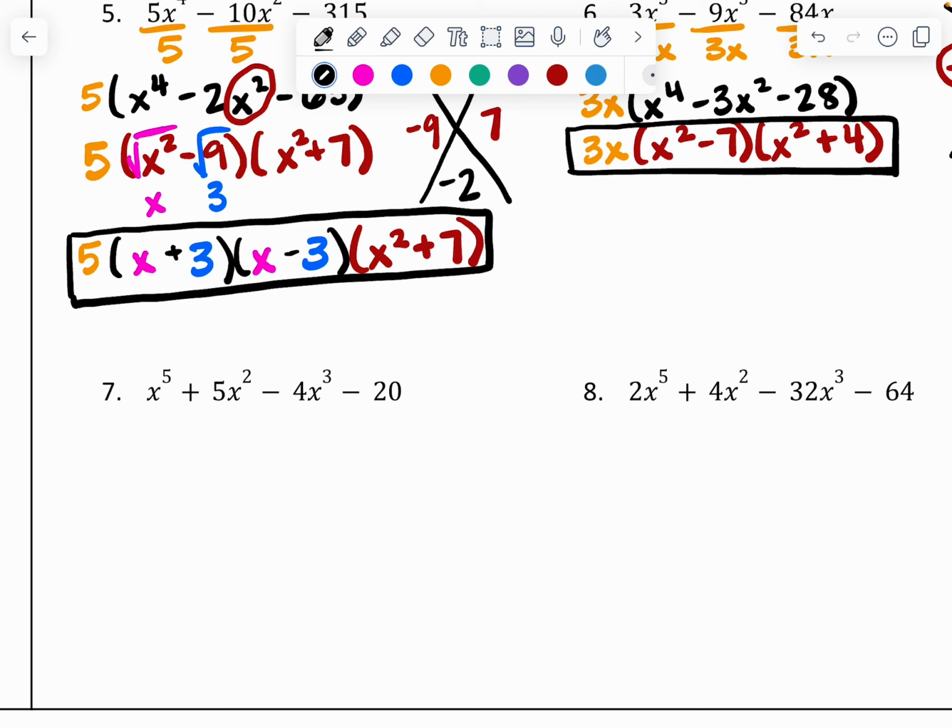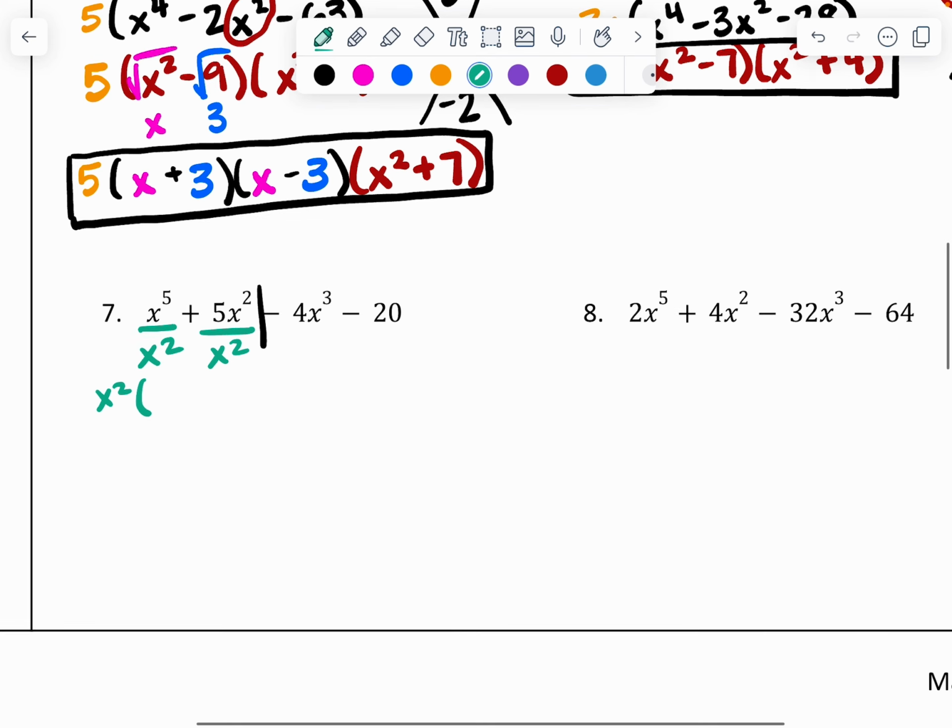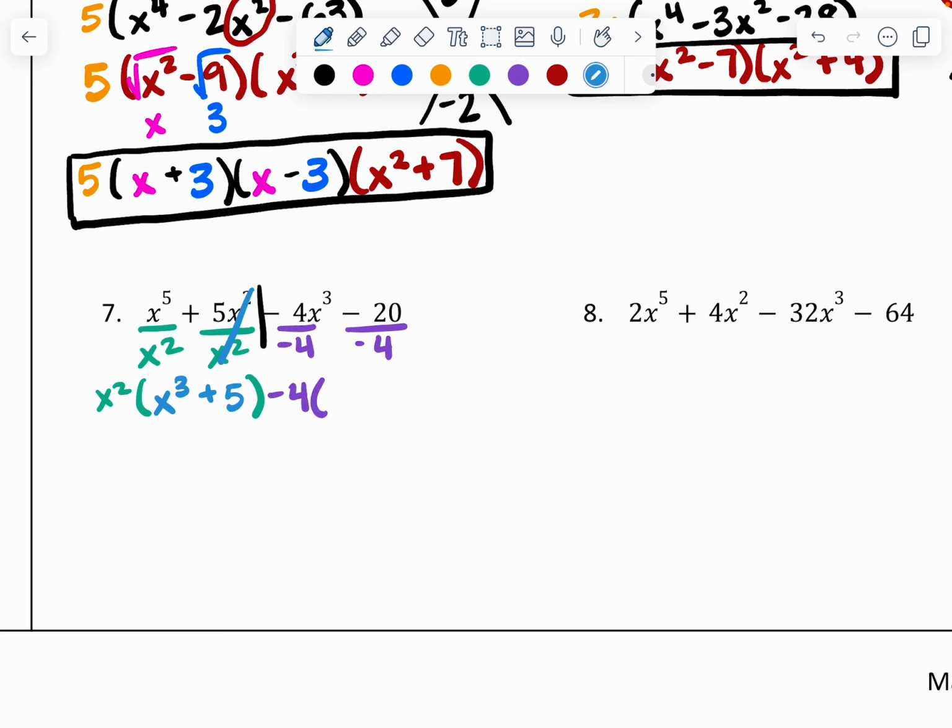Number 7. I don't have any common factor for all 4 terms, so I'm going to factor by grouping. Factor out x squared and I have x to the power of 3 plus 5. And then I'll factor out negative 4, x to the power of 3 plus 5.